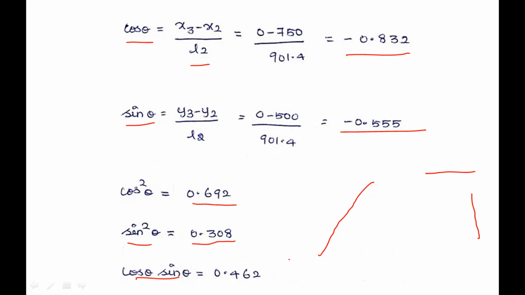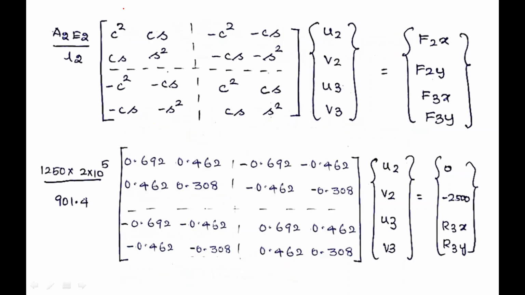Let us see. So this is the second element characteristic equation. A2 E2 divided by L2 times the matrix C square, CS, CS, S square, and here the nodal parameters U2, V2, U3, V3, and force components F2x, F2y, F3x, F3y. Now substitute the values. A2 is 1250 mm square.